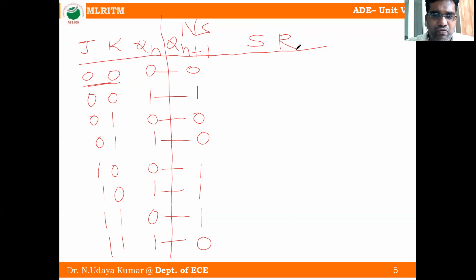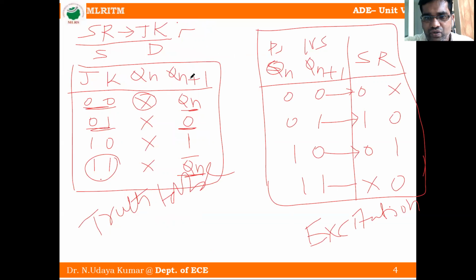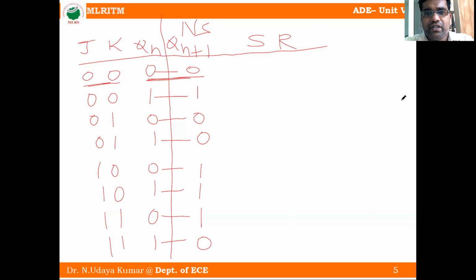Now, how will we get SR from this? Okay. For example, here 0, 0 is there. In the previous excitation table, for 0, 0, what did we get? 0 and don't care.